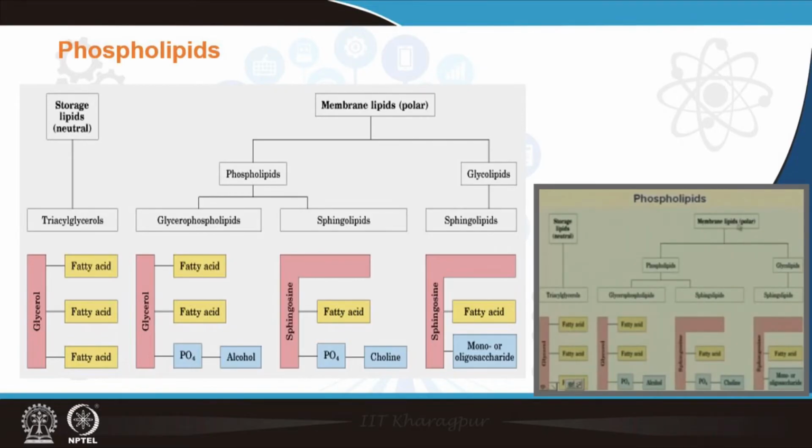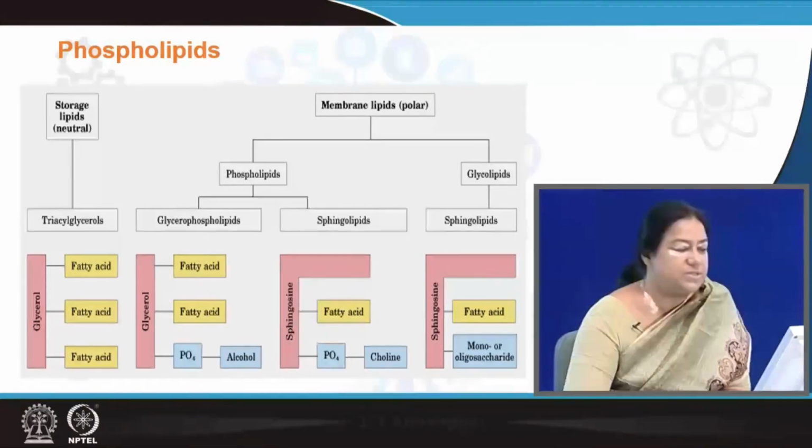So, the membrane lipids are polar in nature. Because they have a phosphate group attached, we will see what that means in a minute. Phospholipids are glycerophospholipids or sphingolipids, and glycolipids are other sphingolipids. Glyco means you have sugar. Whenever the word glyco comes in, a prefix glyco means there is sugar present.